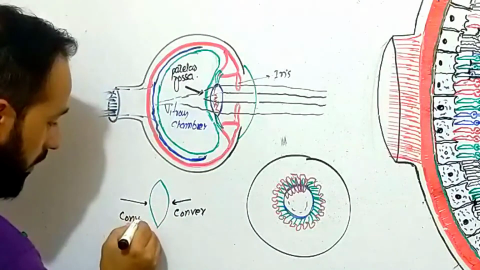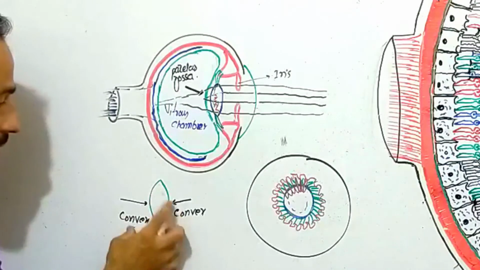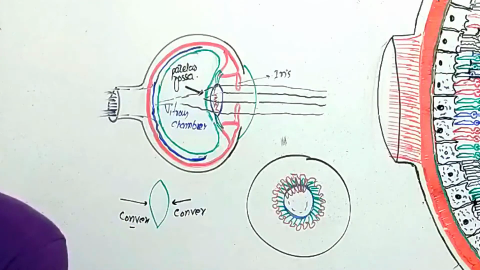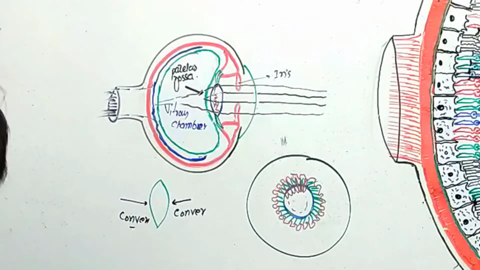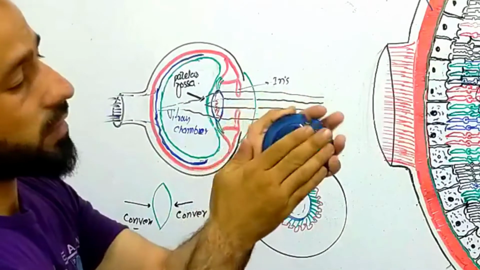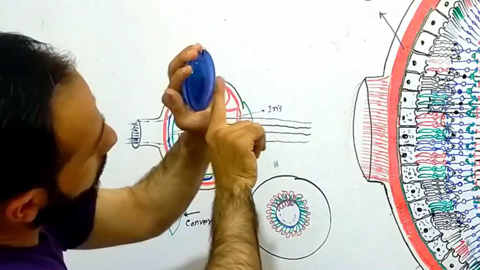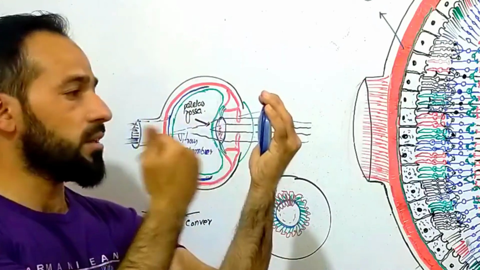So in our eye we have a convex lens. Look, it goes outward, and on this side it is also coming outward.